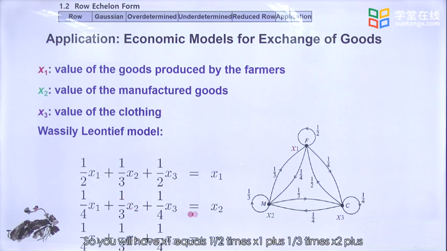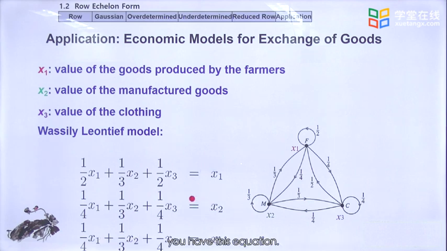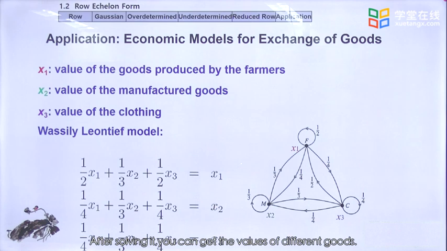So you will have x1 equals 1 over 2 times x1 plus 1 over 3 times x2 plus 1 over 2 times x3, and for the manufacturer, you will have this equation. This means the value they produce should equal the value they use, right? So we have this equation. And the third one, for the people who make clothes, they also have this equation. And after you solve this, you can get the value of different goods.